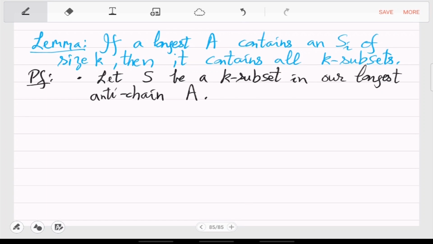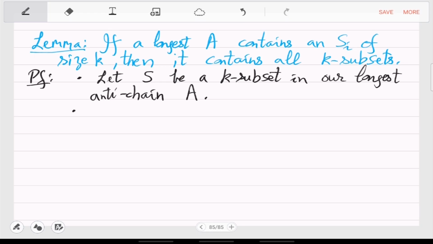The natural thing, I mean the direct proof, will be that from this S, you want to show that some other k subset S prime is also in the anti-chain.